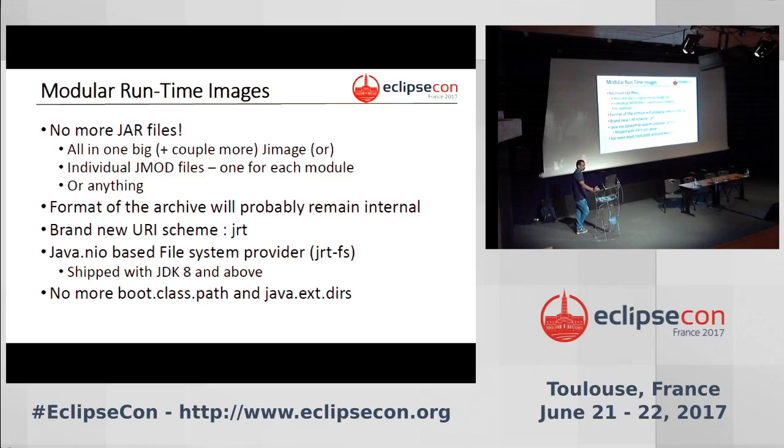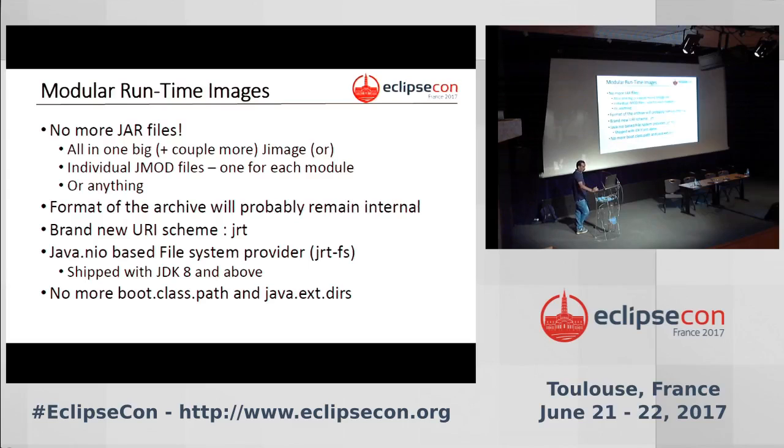They are being moved into a different format. When we started, we had a couple of JImage files, and at some point it changed to individual JMod files for each module, but the specification does not say anything about the format in which the system libraries are going to be stored.